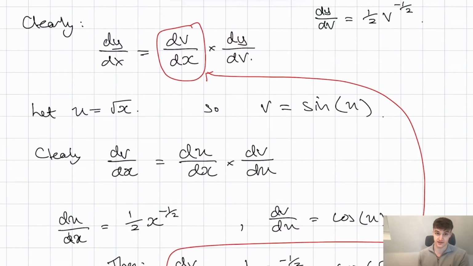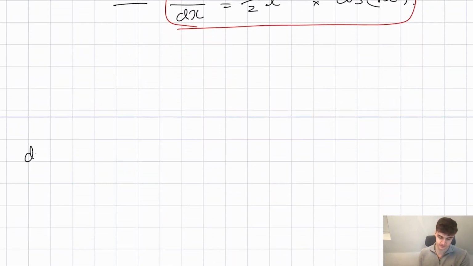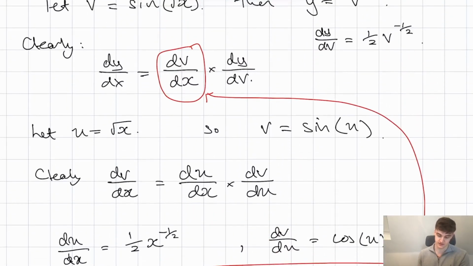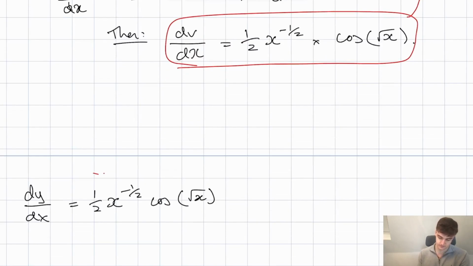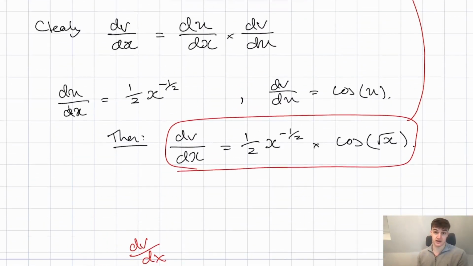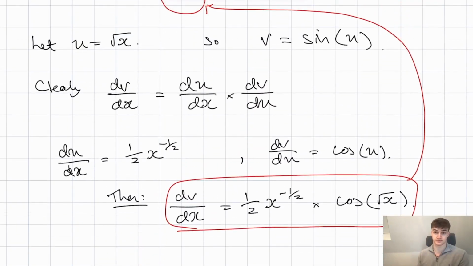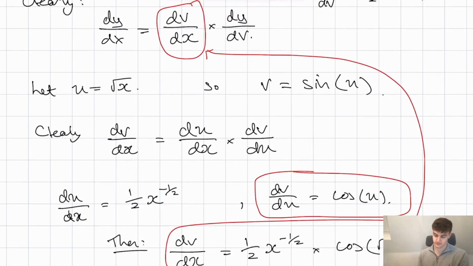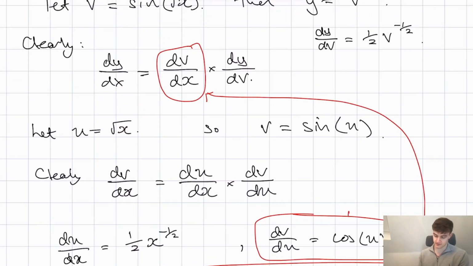So I'm going to have that dy by dx is equal to, it was dv by dx, so that's going to be a half x to the minus a half cos root x. That was the dv by dx bit. And then we need to multiply it by dv by du. Sorry, no, that's not right.